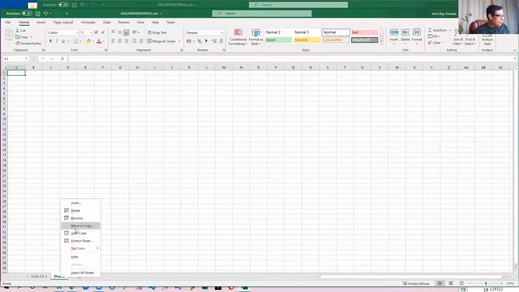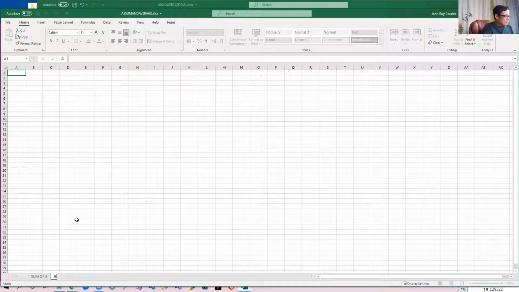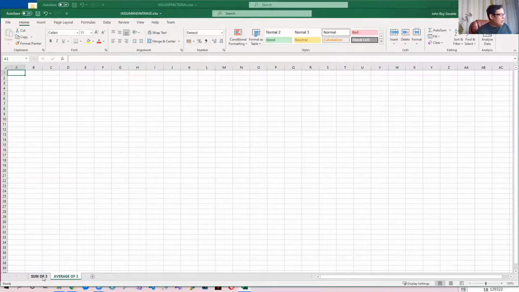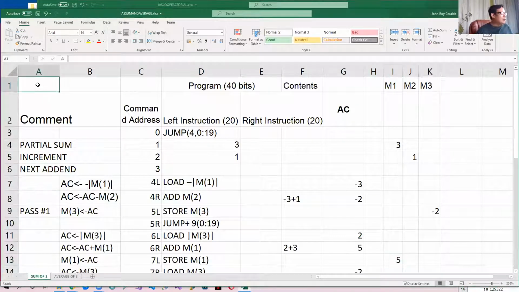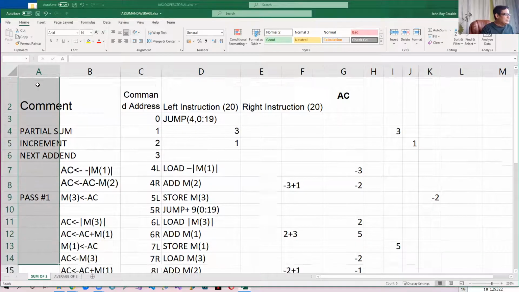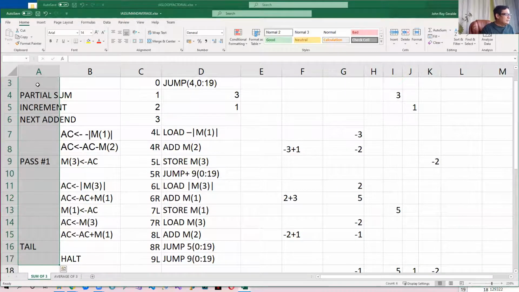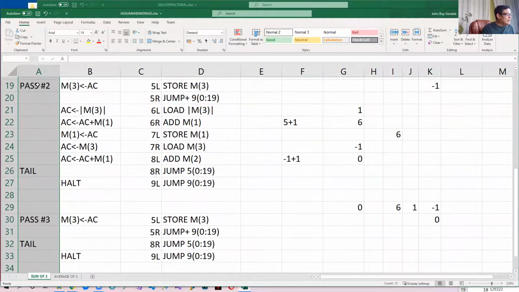This will be average. Anyway, we'll just copy this. No? Pareho lang naman sila yan. To make a long story short, I'll just copy the whole code.